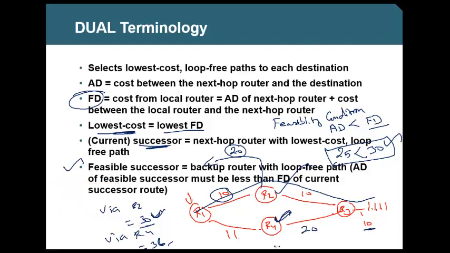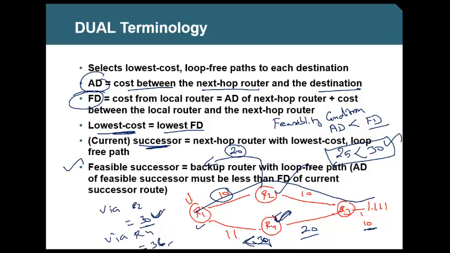What is the advertised distance via R4? Advertised distance is nothing but the metric advertised by R4. So what will R4 advertise? Should be advertising 11. That's between R1 and R4, correct? No. Advertised distance is the cost between the next hop router to the destination. So for R1, who is the next hop? R4. 30, 20 plus 10 is 30. Exactly. So 30 is what router 4 is going to advertise.